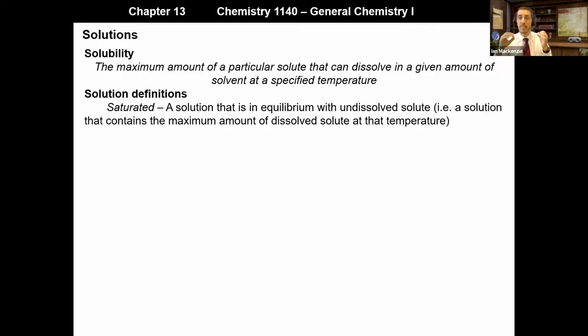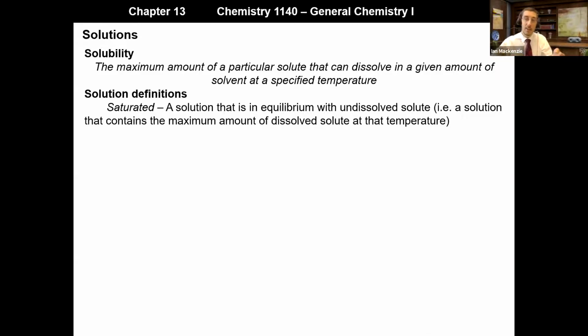The first is saturated. If we talk about a saturated solution, what we mean is a solution that's in equilibrium with undissolved solute. Another way of saying this is a solution that contains the maximum amount of dissolved solute at that temperature. If we take water and dump copious amounts of table salt into it, eventually we'll get to the point where we can't dissolve any more table salt in it, and there will still probably be some solid table salt sitting at the bottom.